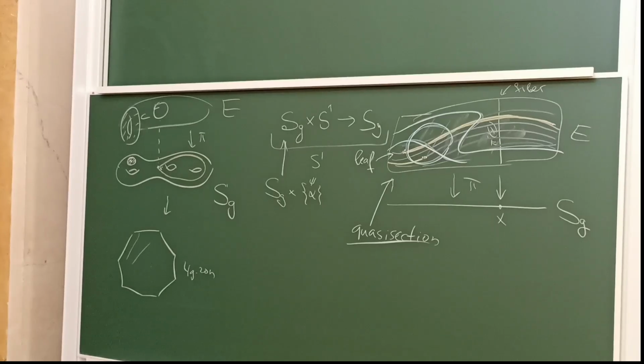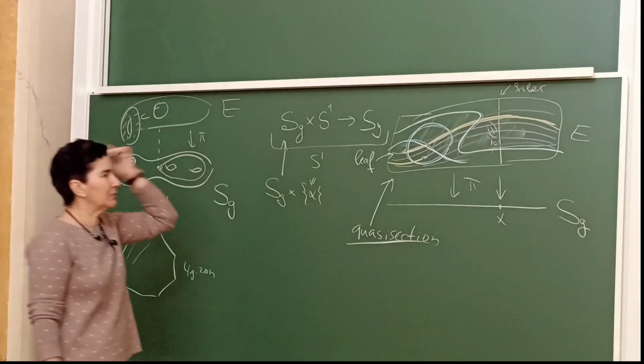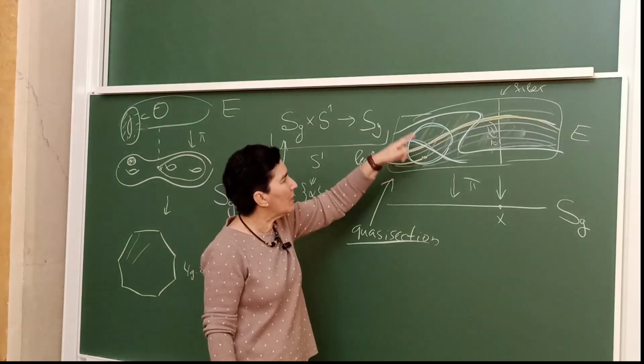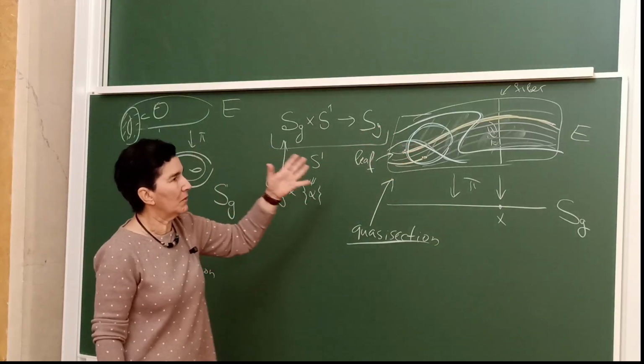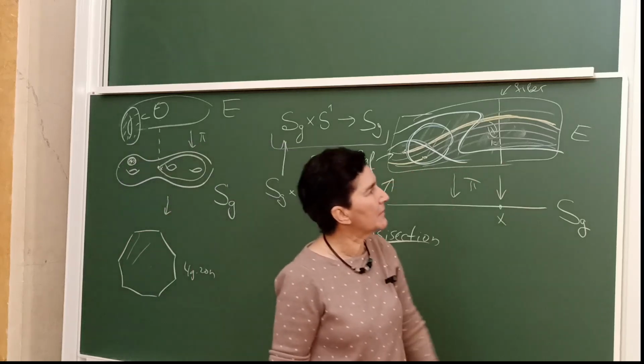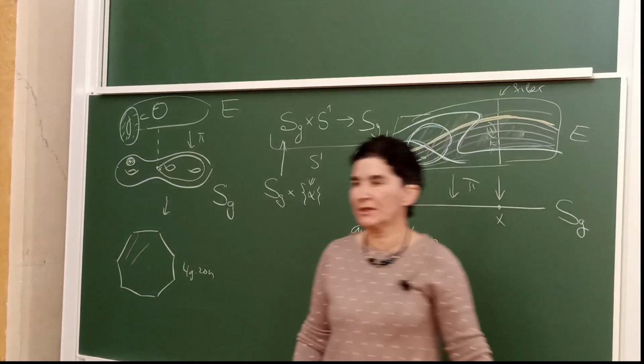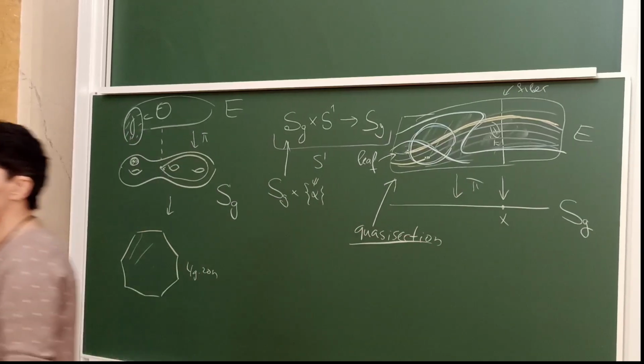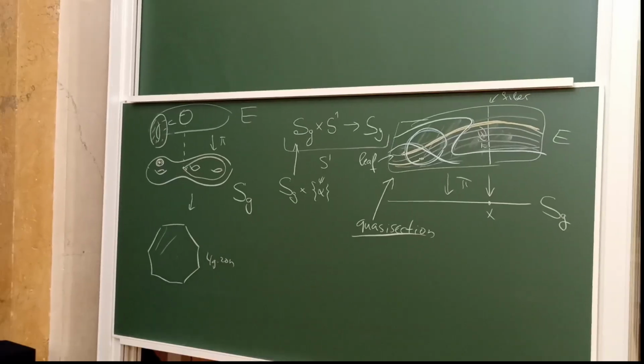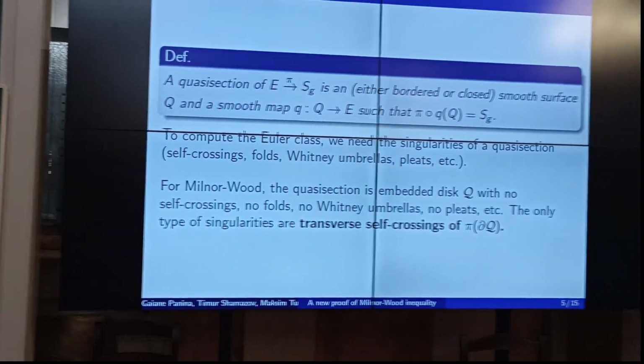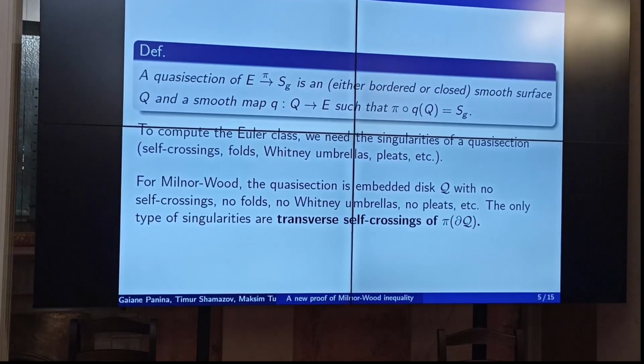The only other thing we have to worry about is that we require the singularities of this mapping Q to be generic in the sense of singularity theory, meaning that there are pleats, folds, Whitney umbrellas, and other things.